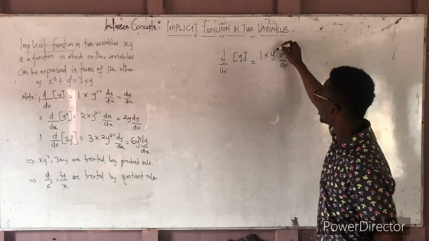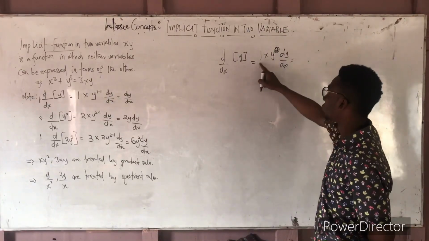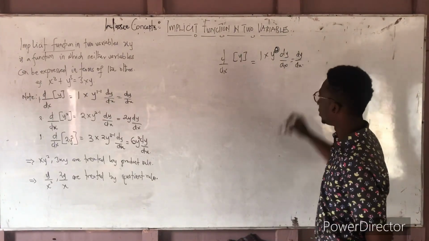But when you do this, you realize that y to the power 0 is the same as 1, which will give dy on dx.